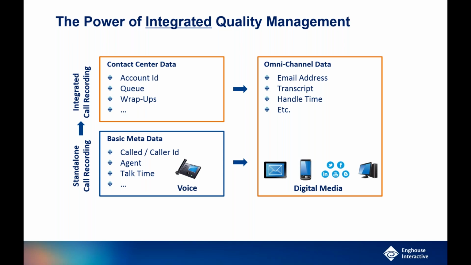And so now you have all of these text-based channels that are going to be available as well, and they give you further information. So you're getting different ways to identify customers, an email address, for example, or the overall handle time. So it's not even talk time anymore, but how long did it take to craft a particular email? How long was somebody on a chat?